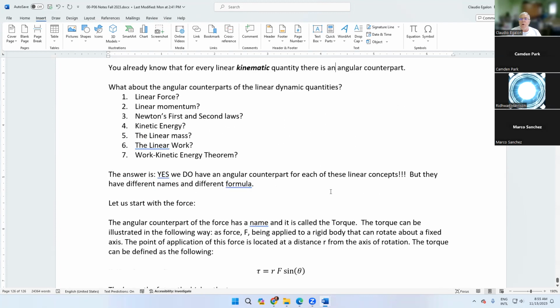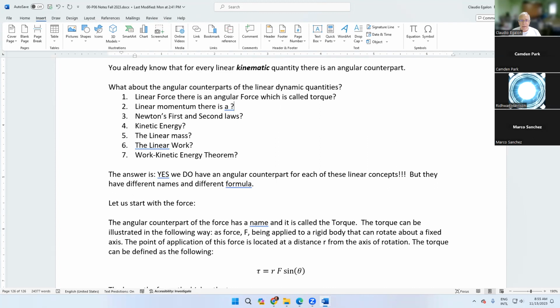But then we also have an angular counterpart for the other dynamic concepts in physics. So for a linear force, there is an angular force, which is called torque.